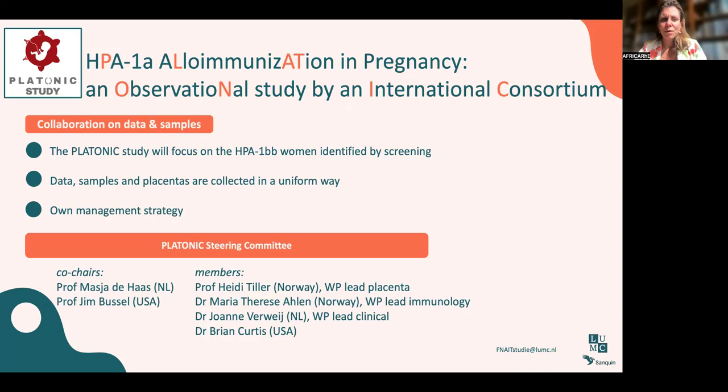So we have an international working group, called the PLATONIC study, where we focus on the HPA-1b women that are identified by screening in different studies all over the world, and we collect data, samples, and placentas in a uniform way, but we use our own management strategy to enable us to look at the differences and also to find out what works best.